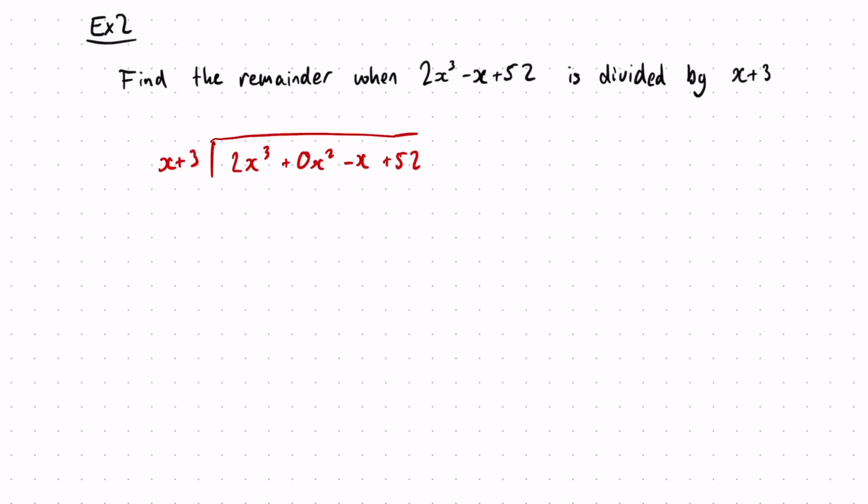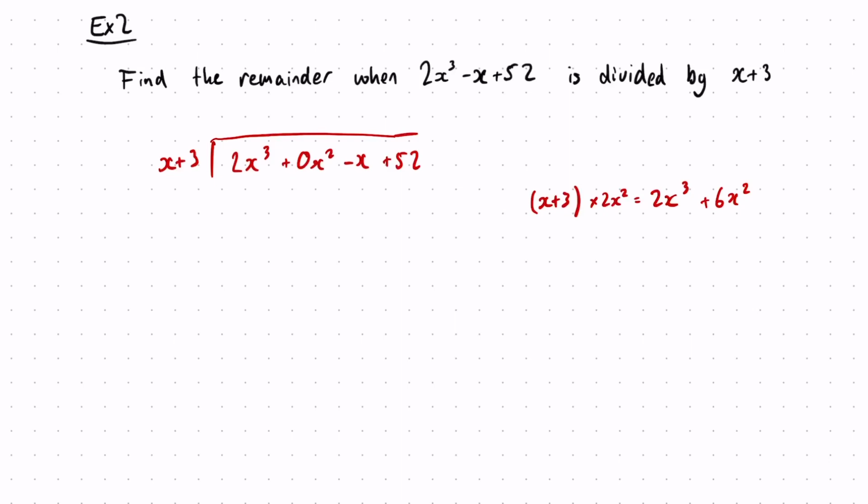Again, what do I multiply x plus 3 by to get 2x cubed? Well, I need to multiply the x by 2x squared to get 2x cubed, and when I multiply x by 2x squared, I also multiply my 3, which gives plus 6x squared. So we've got our terms of x squared now that we're going to need to get rid of somehow.